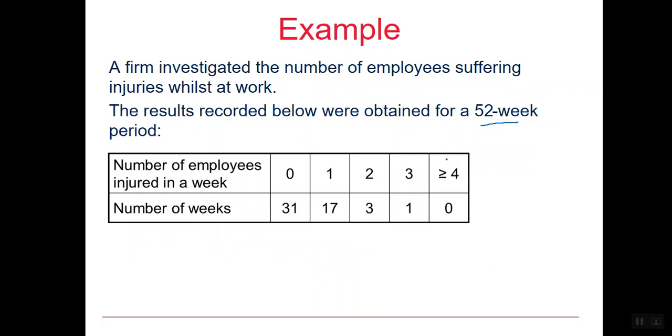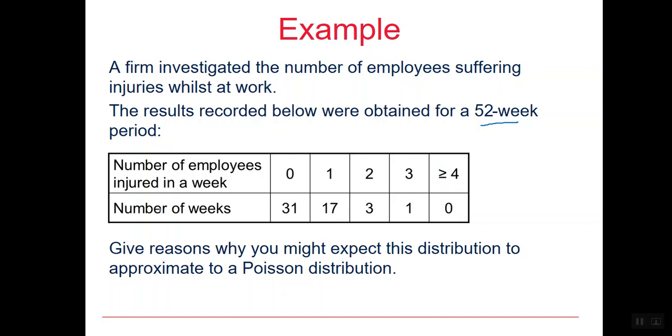So we do have this section here, which is greater than or equal to 4, which would be difficult to enter into a calculator, but thankfully this is 0, so we can disregard this, so don't worry about it. So the first part of the question is asking us to give reasons why we might expect this distribution to approximate a Poisson distribution.